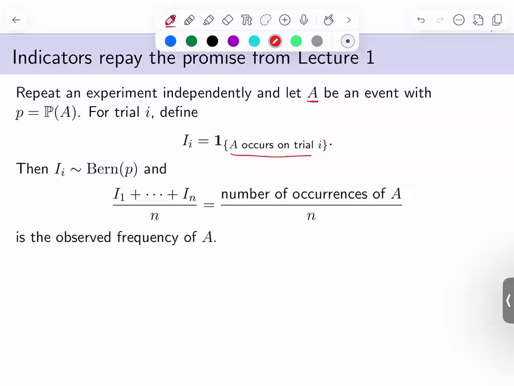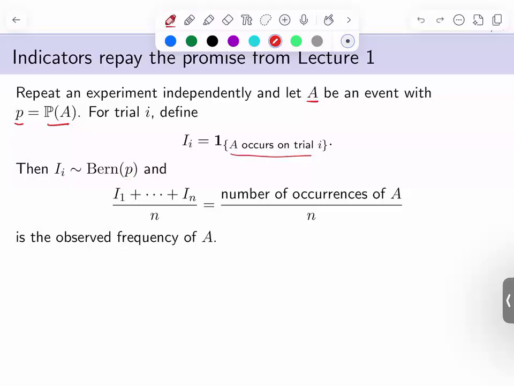This is an example of the Bernoulli case. The probability of this indicator would be just the probability of that event, P the probability of A. So the indicator I defined this way would be a Bernoulli random variable with probability P.